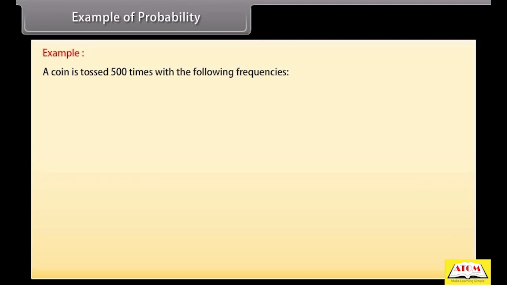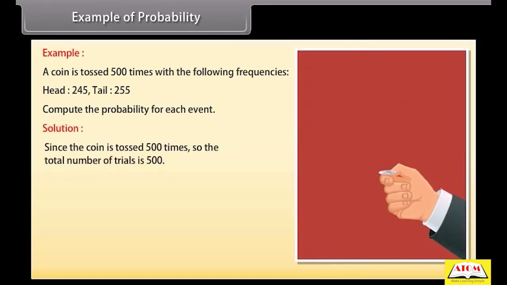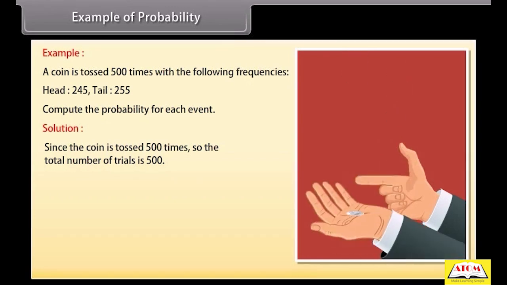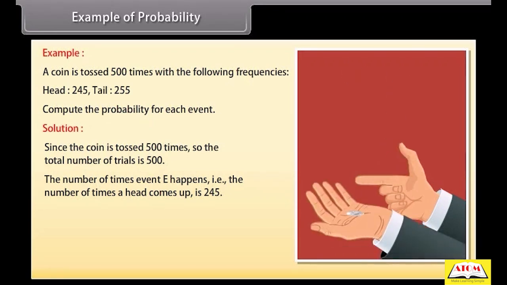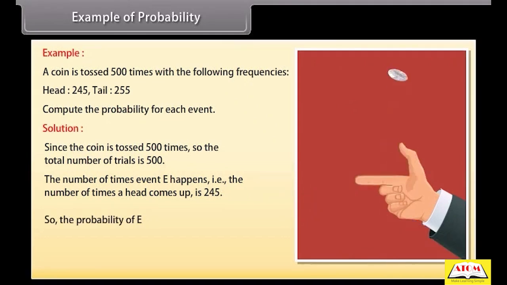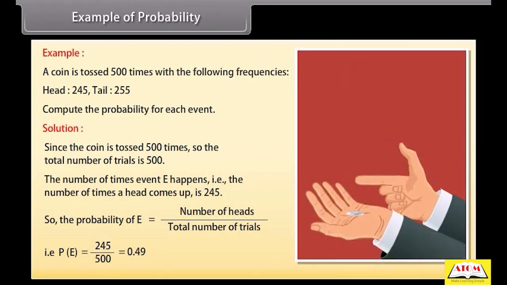Example of probability. Example. A coin is tossed 500 times with the following frequencies. Head 245, tail 255. Compute the probability for each event. Solution. Since the coin is tossed 500 times, the total number of trials is 500. The number of times event E happens, that is, the number of times a head comes up, is 245. So the probability of E is equal to number of heads upon total number of trials, that is, P(E) is equal to 245 upon 500, which is 0.49.